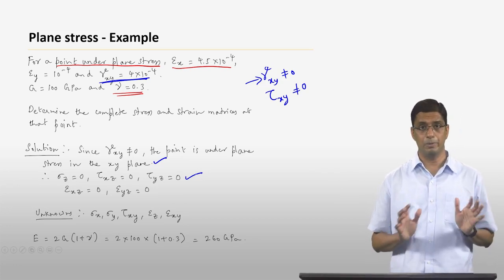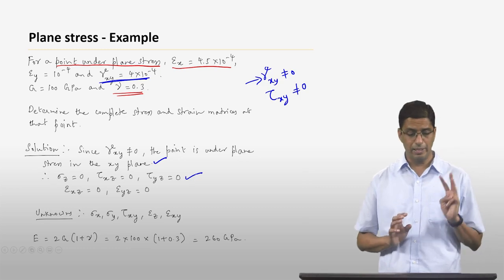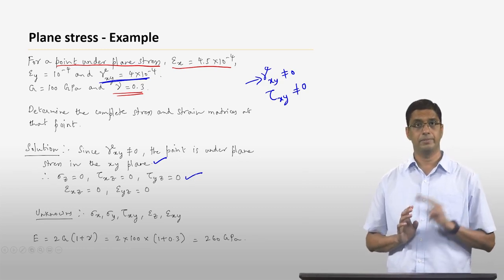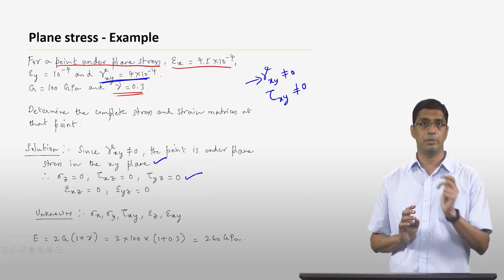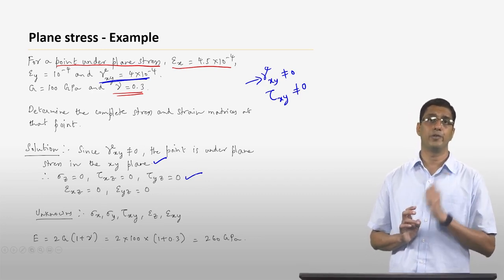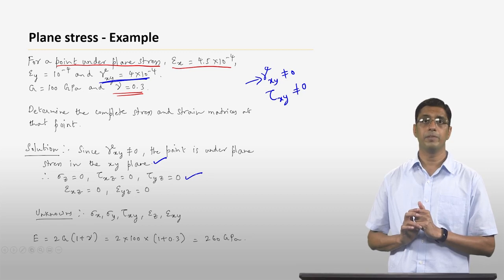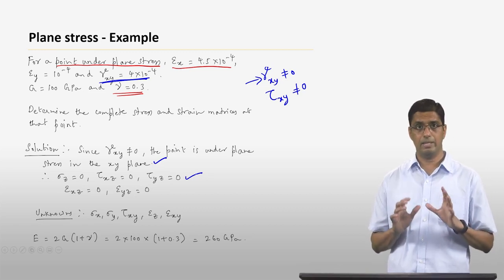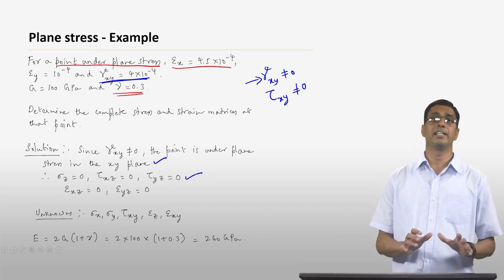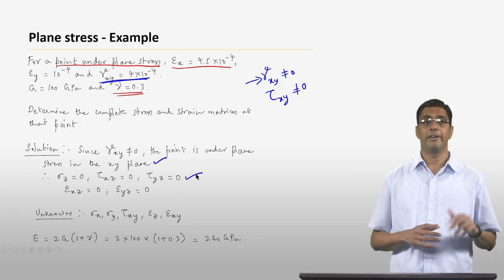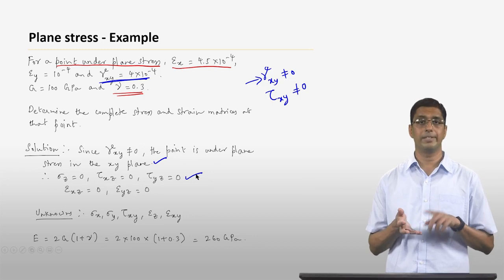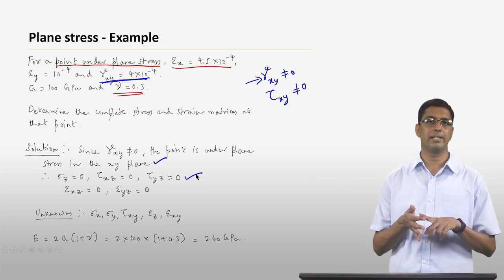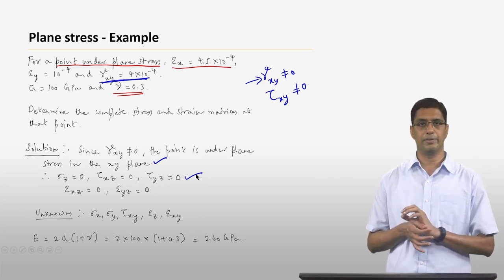Now if you think about what we have done, we were given only three pieces of information: epsilon x is 4.5 into 10 to the minus 4, epsilon y is 10 to the minus 4, and gamma xy is 4 into 10 to the minus 4. Using that information and the fact that it is a plane stress problem, we have come up with another 5 quantities: sigma z, tau xz, tau yz, epsilon xz, and epsilon yz, all of which are equal to 0.